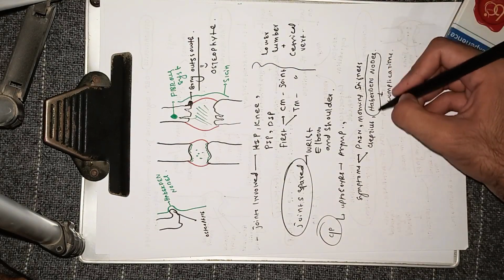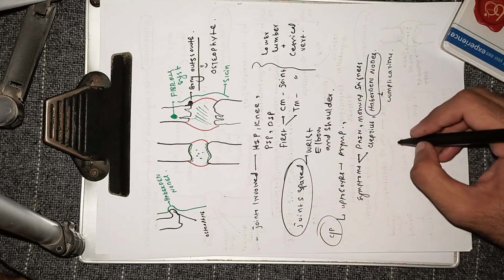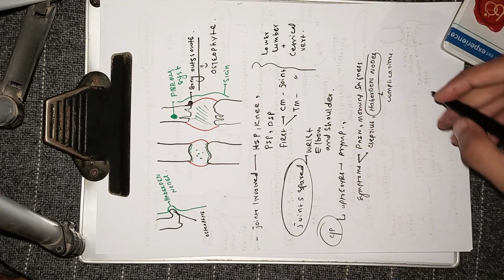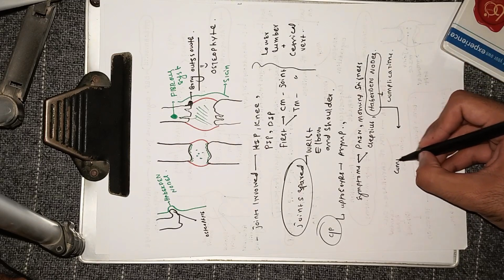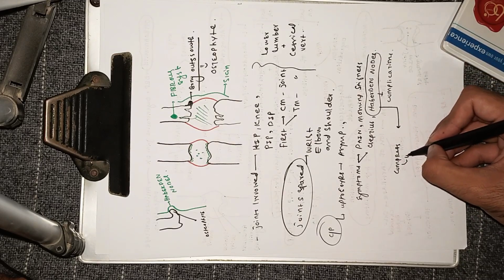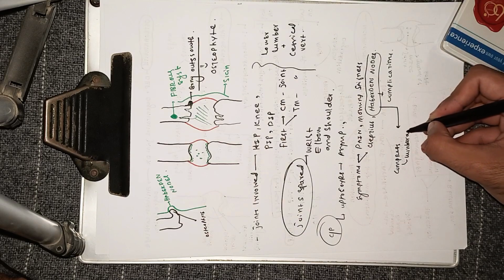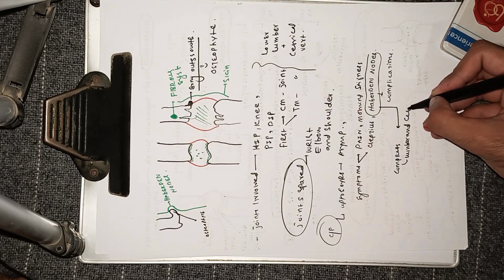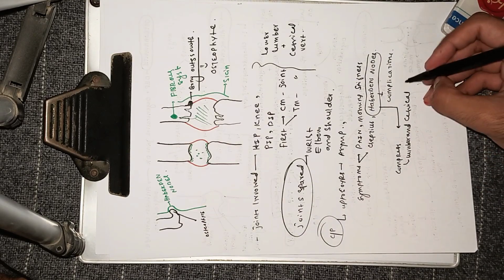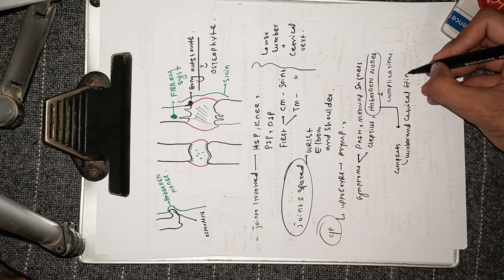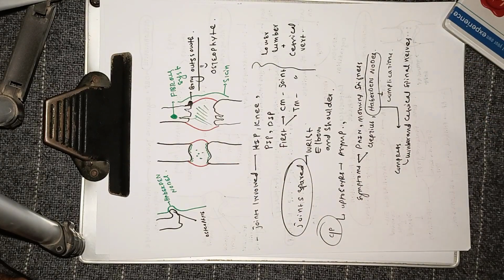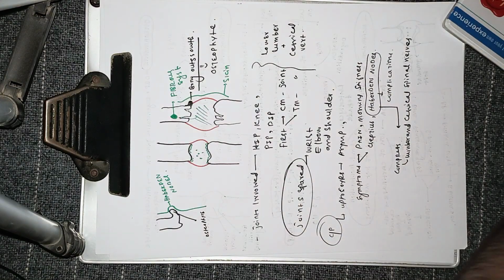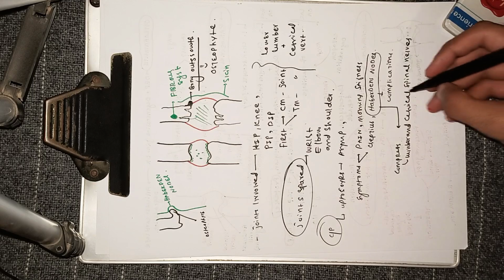If let's suppose these Haberden nodes appear in the lower lumbar or cervical vertebra, what will happen? This outgrowth will compress lumbar and cervical spinal nerves, for sure. And as a result of compression of these nerves, there will be some neurologic deficit.